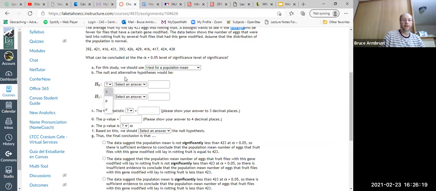Okay, so the null and alternate hypotheses should be mu's, because we're testing means, as opposed to proportions. All right, so we've got equal, greater than, not equal, less than. Which one does the null hypothesis get?